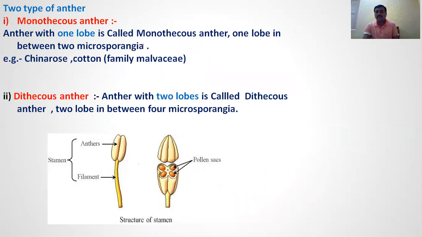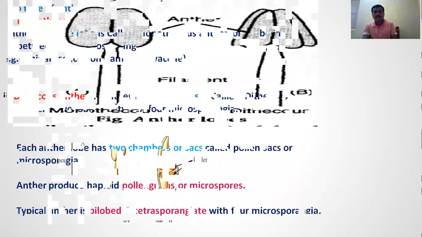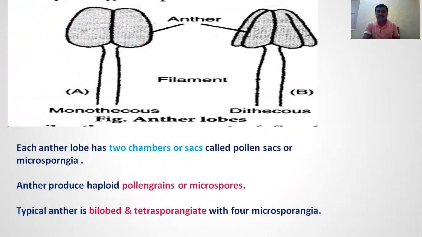Diathecous anthers: anther with two lobes, in between four chambers or four microsporangia, while one lobe has two microsporangia, two chambers. Four chambers are also called pollen sacs or microsporangia. In between the pollen sacs the pollen grains are present, also known as microspores. Most flower anthers are bilobed and tetrasporangiate.